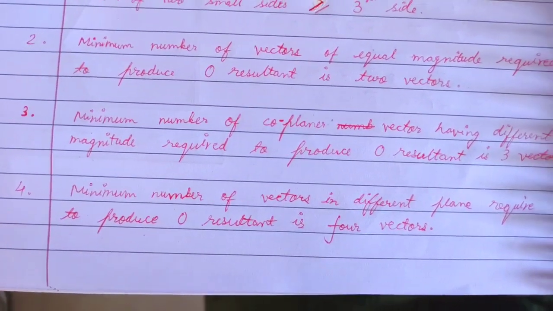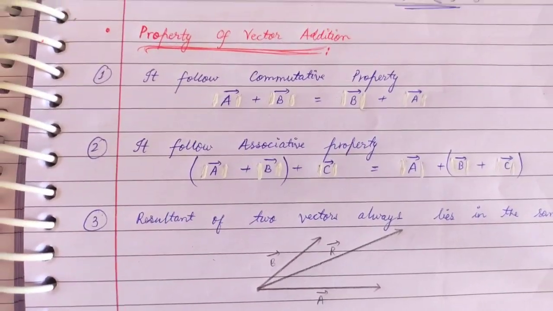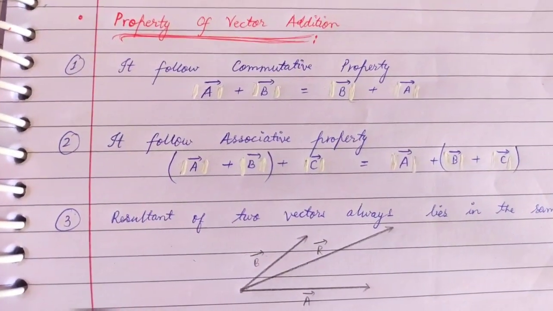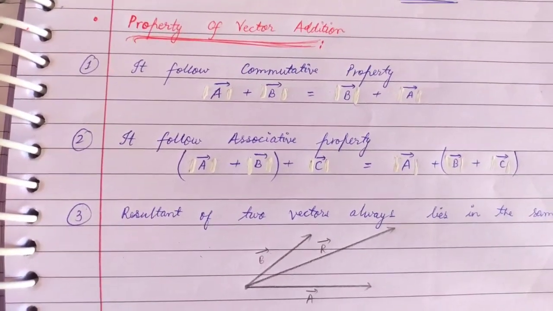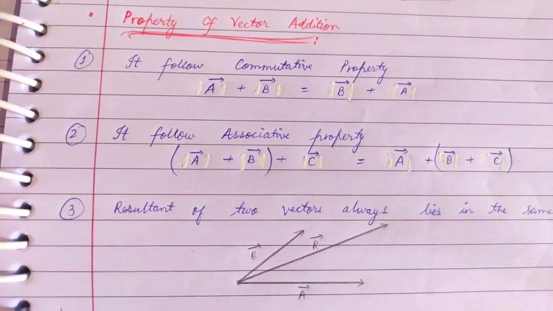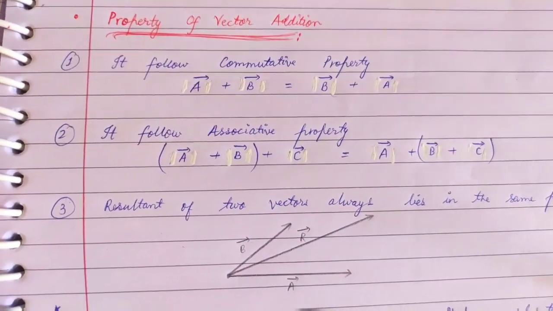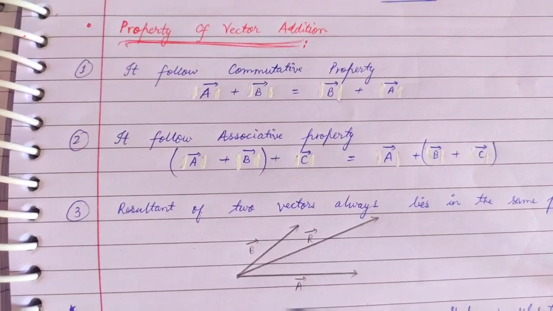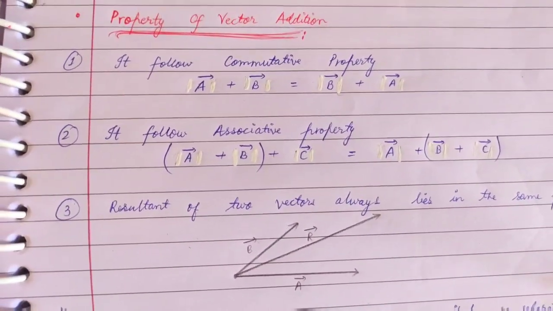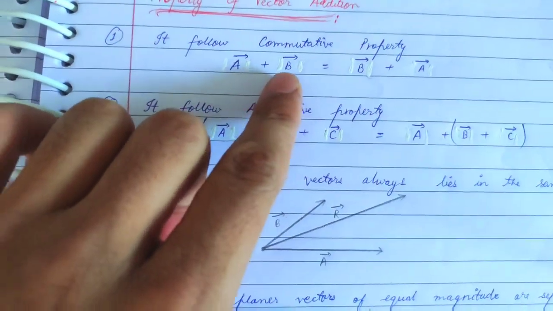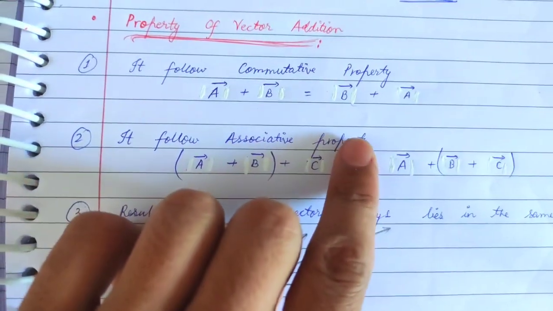Now the next thing is the properties of vector addition. Vector addition follows some properties. First, it follows the commutative property. Commutative means that if you add 2 vectors in some order and then change the order of addition, the resultant will be the same, like vector A plus B is equal to vector B plus A. Similarly, it follows the associative property.